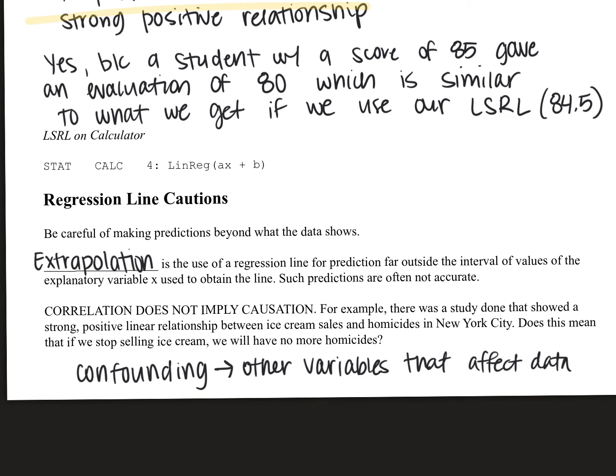Also, heat could be a variable that affects homicides, because if it's hotter, people are angrier, they may not have AC, so they're more prone to maybe commit armed robbery. So there's a lot of other things that could have an effect on the ice cream sales and homicides in New York City. So correlation does not mean causation.